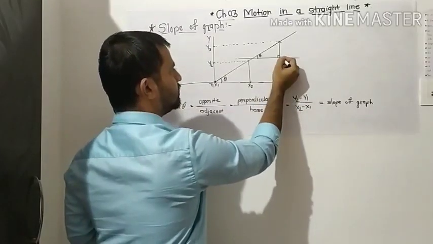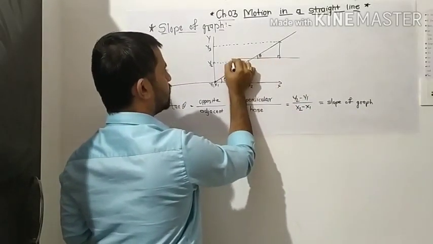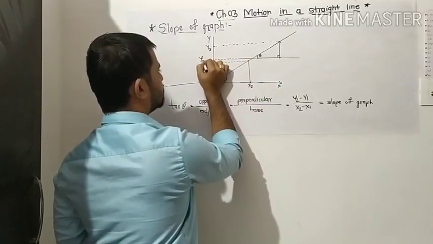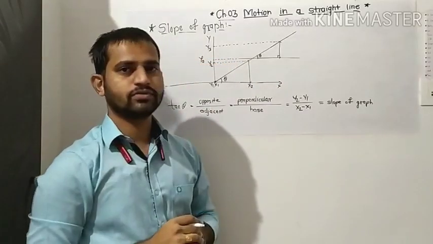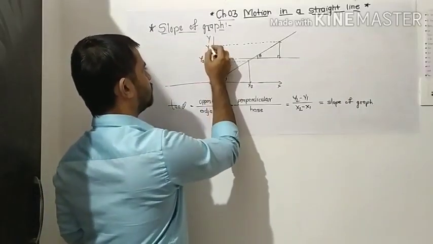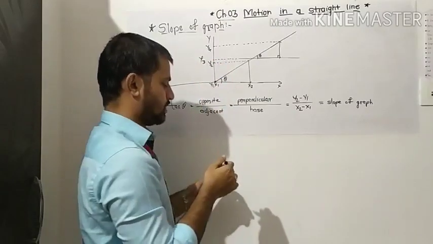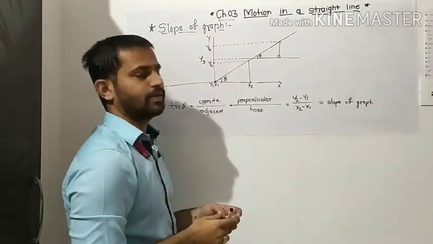And what is the value of this point? If we draw from here, then it is, suppose, y4. So here y4 and here y3.